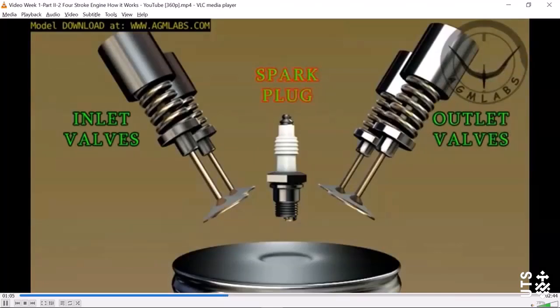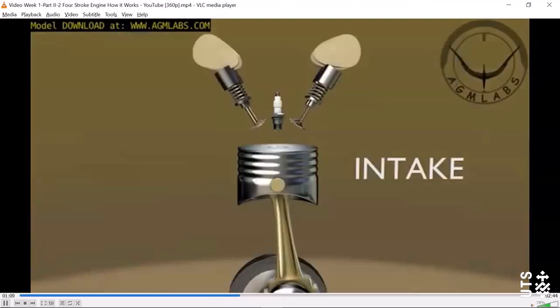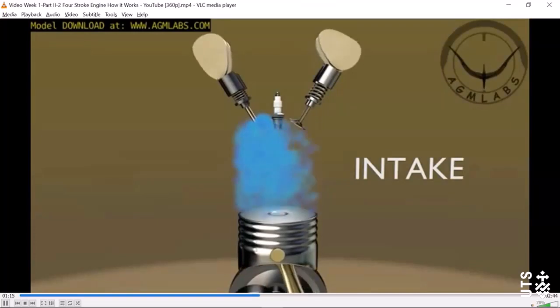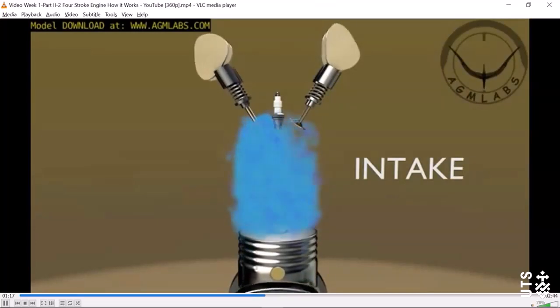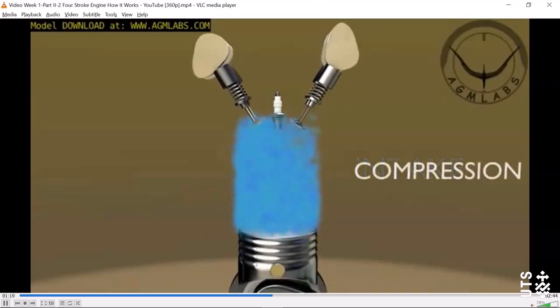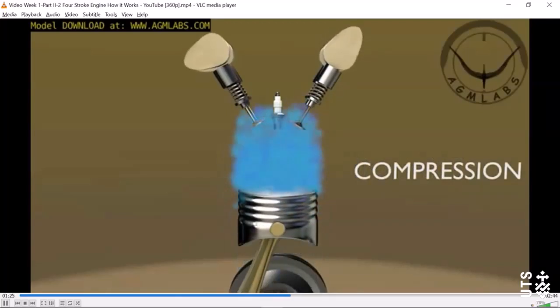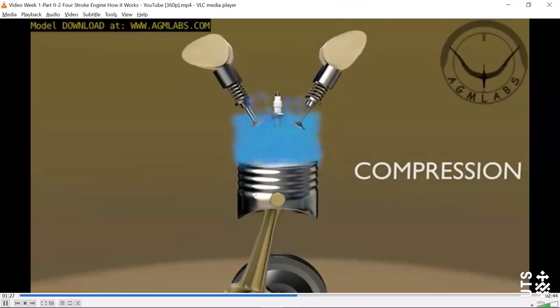Let's now take a look at how the combustion creates the piston's motion. First, intake stroke. The inlet valve is opened, and the fuel-air mixture is drawn in as the piston travels down. Second, compression stroke. The inlet valve is closed, and the piston travels back up the cylinder, compressing the fuel-air mixture.